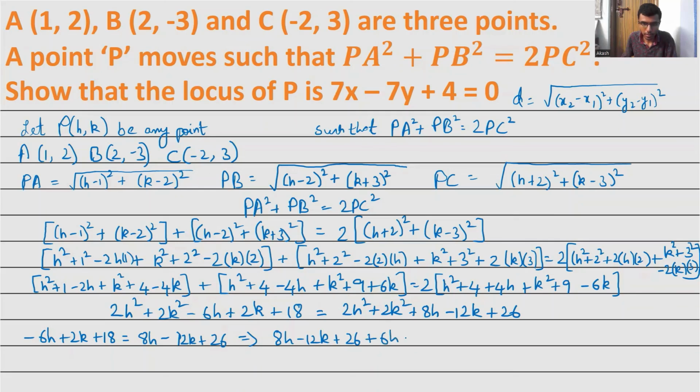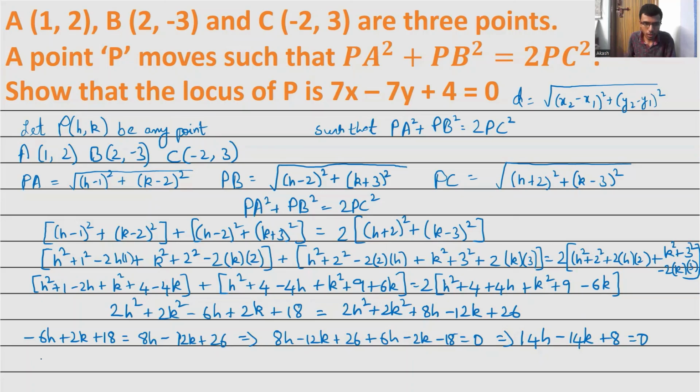Plus 6h minus 2k minus 18 is equal to 0. Fine. Now, 8h plus 6h is 14h, and minus 12k minus 2k is going to be minus 14k, and 26 minus 18 is 8.